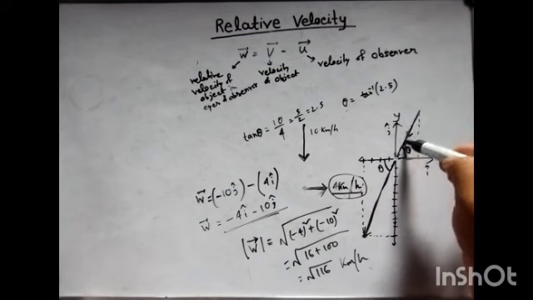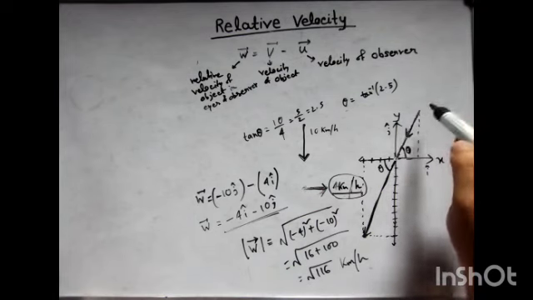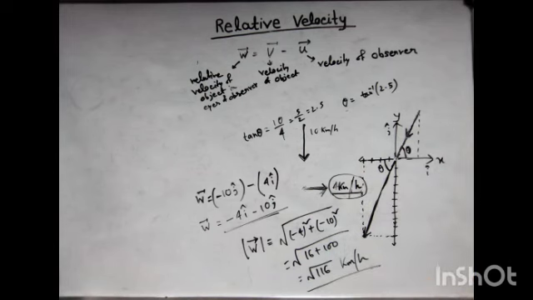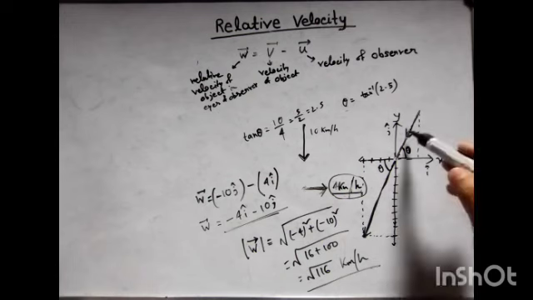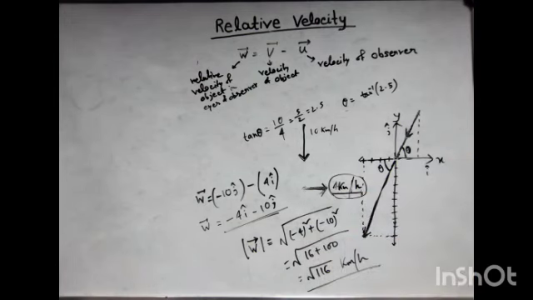So this man will see that rain is falling at this angle and with this speed. So that is the relative velocity of the rain in the eyes of this observer. Thank you.